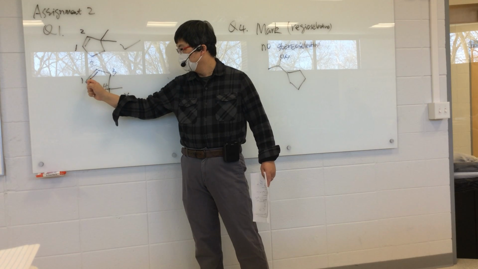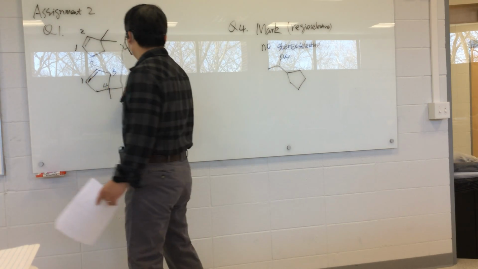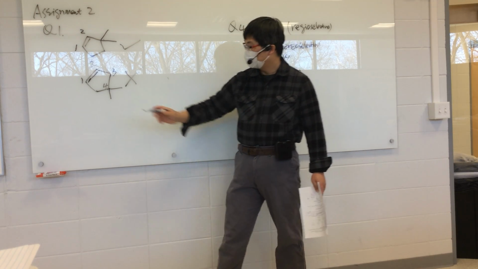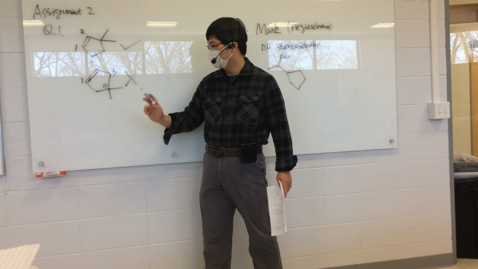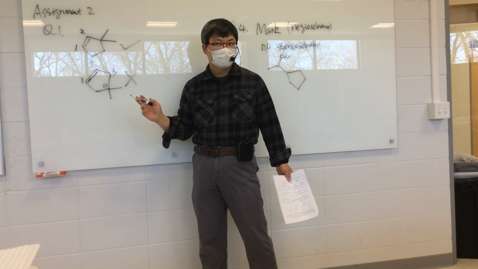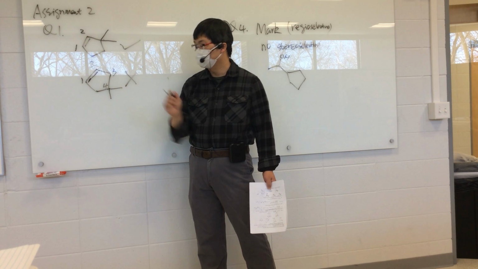So this is wrong. I hope I don't confuse you. If you draw that, it's 1, 2, 3, 4. You cannot start from here 1 and then 2 here. No, you cannot.